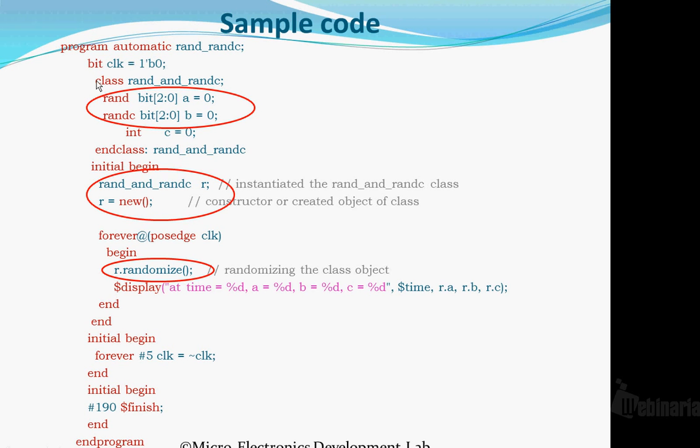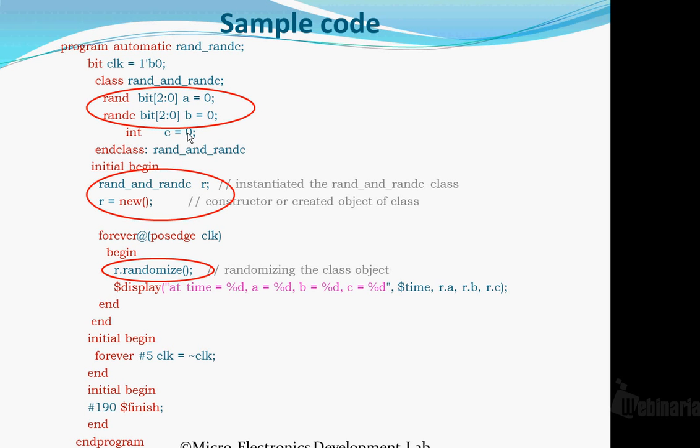Then I have defined a class. This is the class definition. The class name is rand_and_randc. This class contains three properties A, B and C. A and B are 3 bits wide and initialized with value 0, whereas C is of int type and is also initialized with value 0.